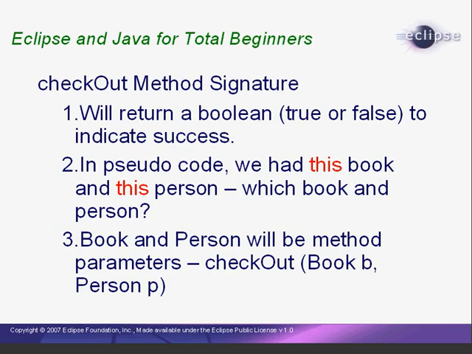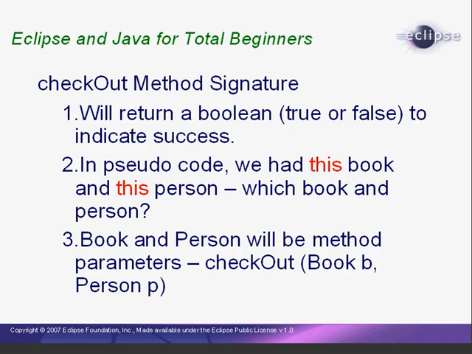Now, one common technique for indicating success or failure in a method is to have the method return a Boolean value. And if you recall, a Boolean value is something that evaluates to either true or false. So true would mean that the method worked, false would mean it didn't. So we'll have our checkout method return a Boolean type of either true or false.